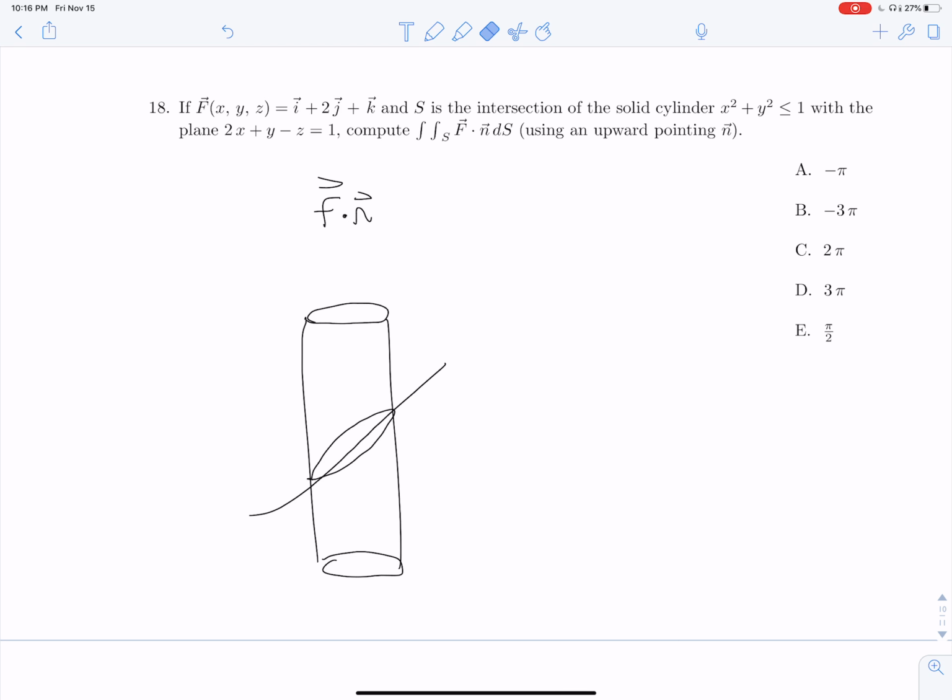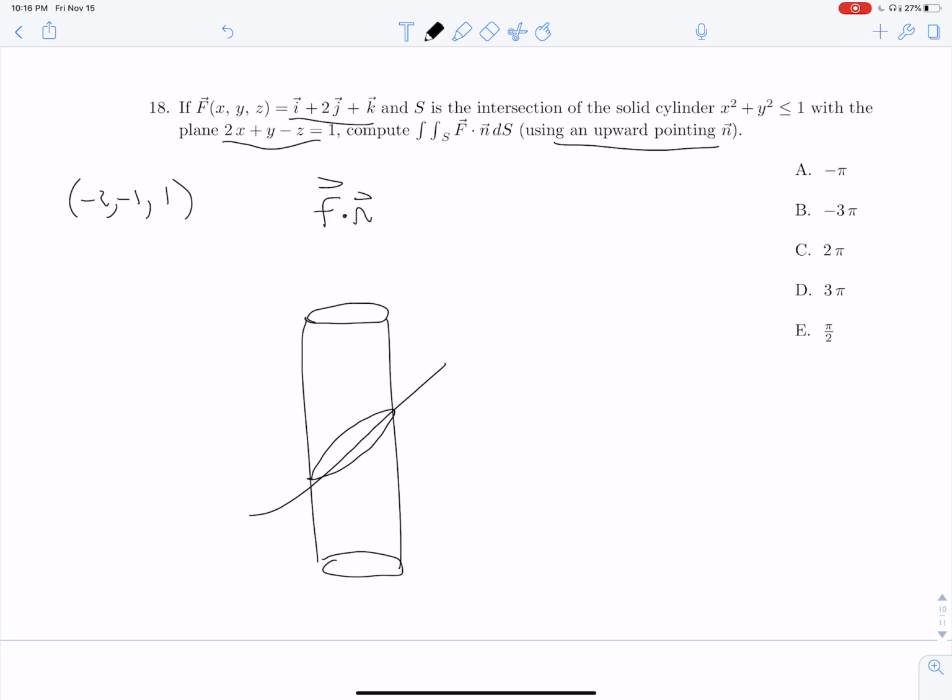Well, it's just going to be the coefficients of the plane, because a plane is defined by its normal vector. So if we pull that out, we will get 2, 1, -1, but they want an upward pointing normal vector, so we need positive z, so this will be -2, -1, 1. So that's n. That's our normal vector. But what about F?